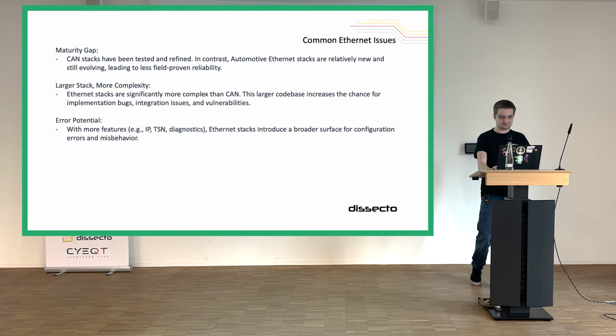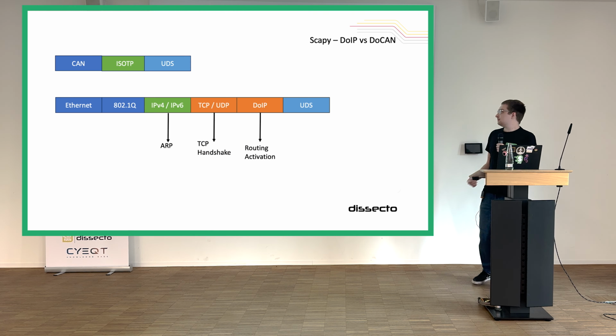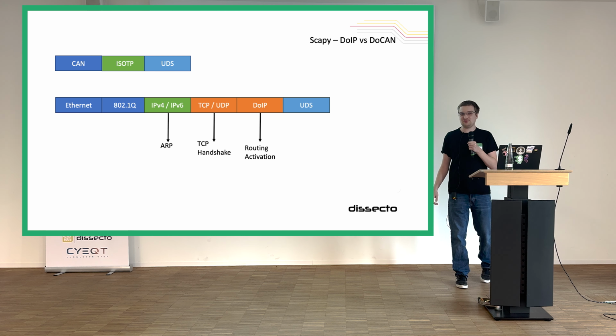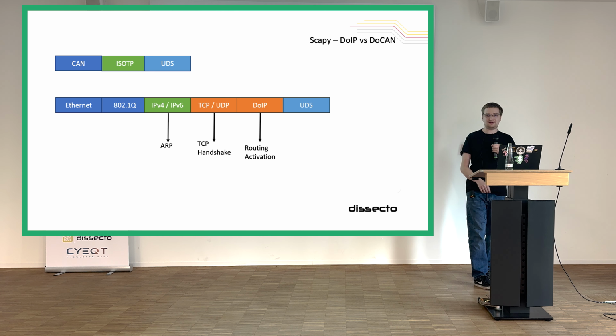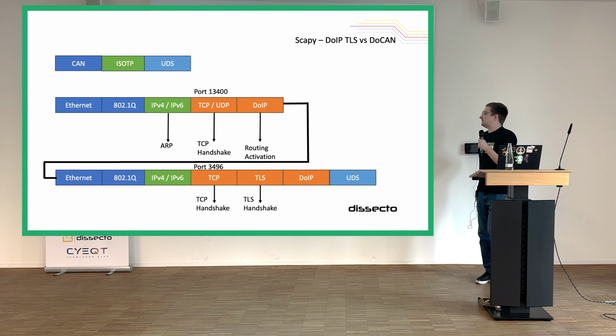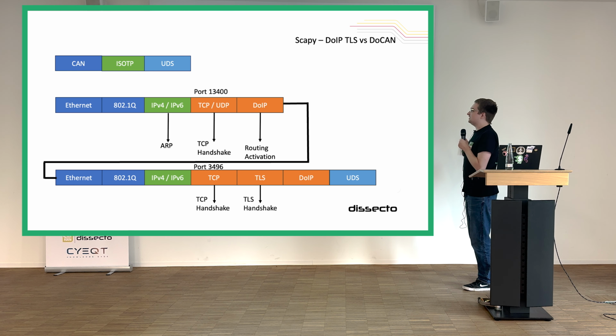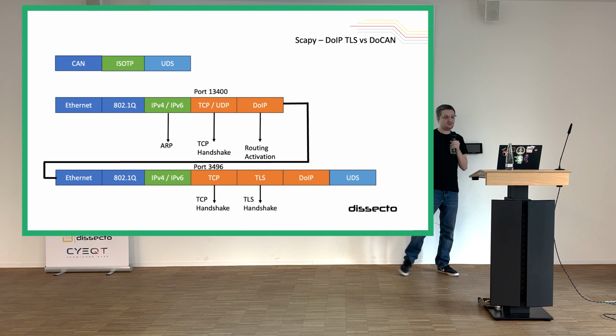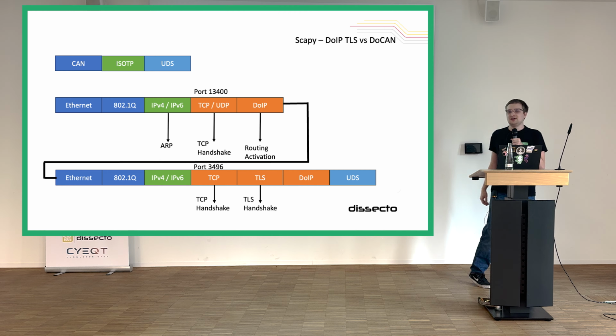Now, this stack is nice, but many of you will know this is the old picture of DoIP and UDS. We now have a new standard with TLS. So we still use the first part of the message unsecured, without TLS.